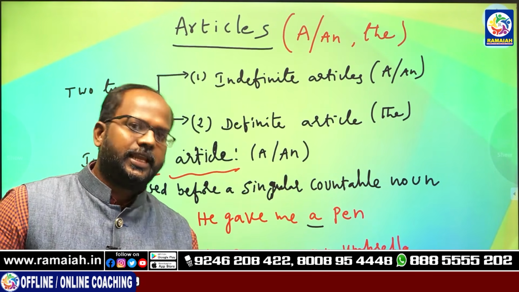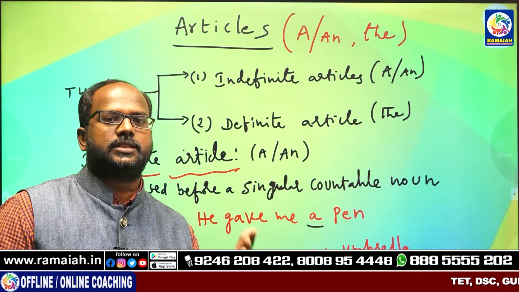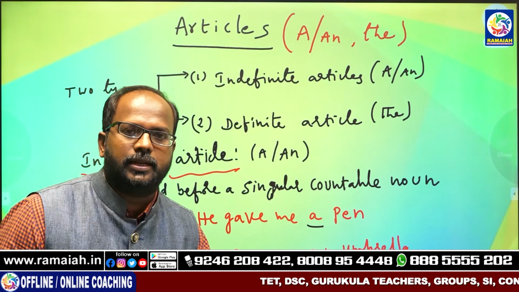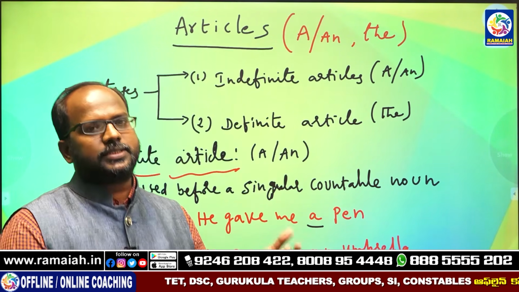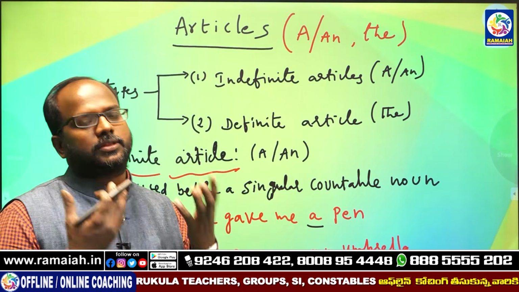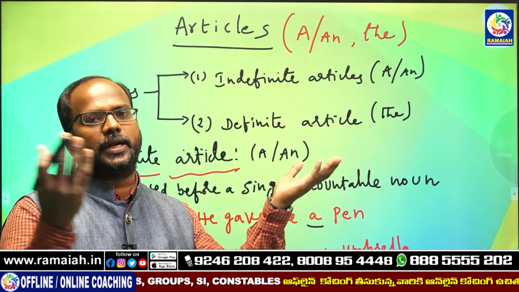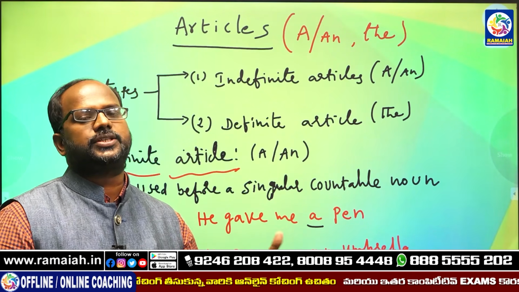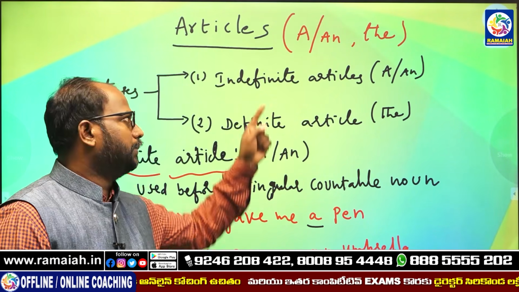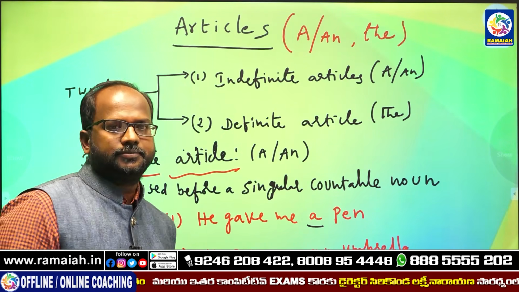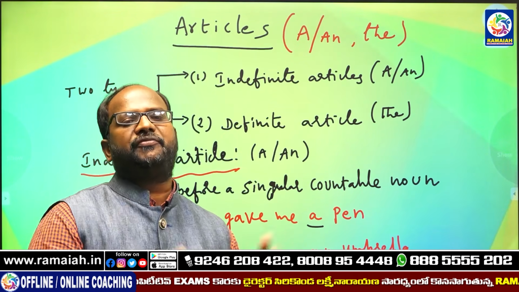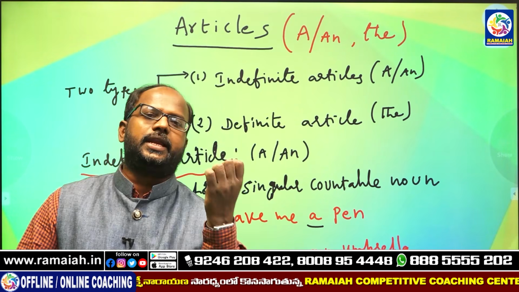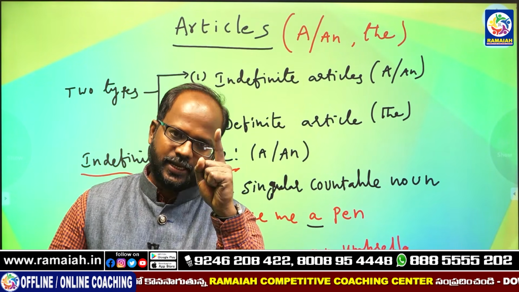The is called definite article because it is used before the things which show the definiteness, the particularity, the specification. But whereas a or an is used before any singular countable noun that gives the meaning of one, single.